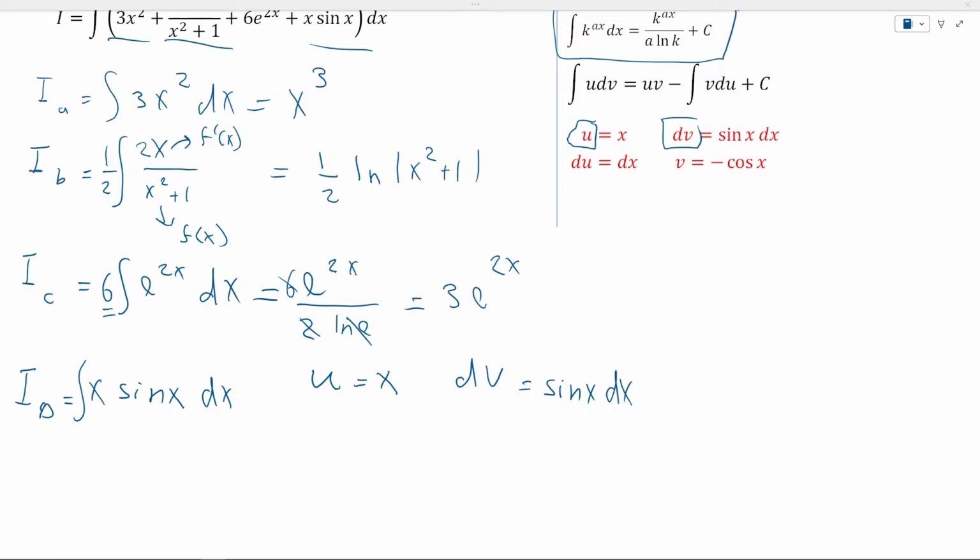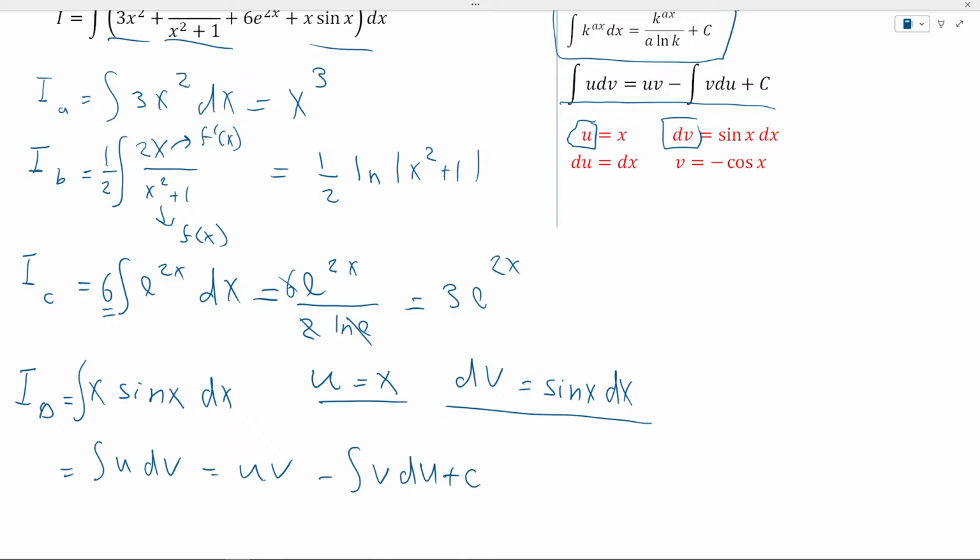Okay, and then you just arrange it in this sequence. So the integration of u dv is equal to uv minus the integration of v du plus a constant.